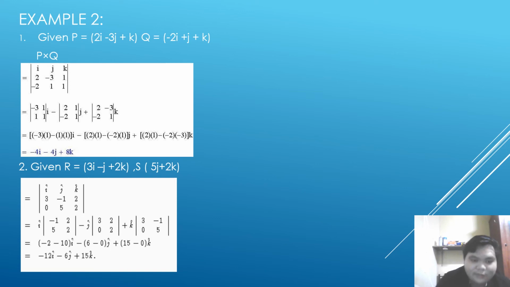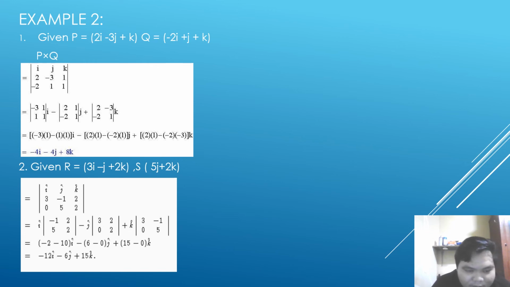So we separate it. i is negative 1, 2, 5 and 2. And next is minus j 3, 2, 0, 2 plus k 3, negative 1, 0, 5.